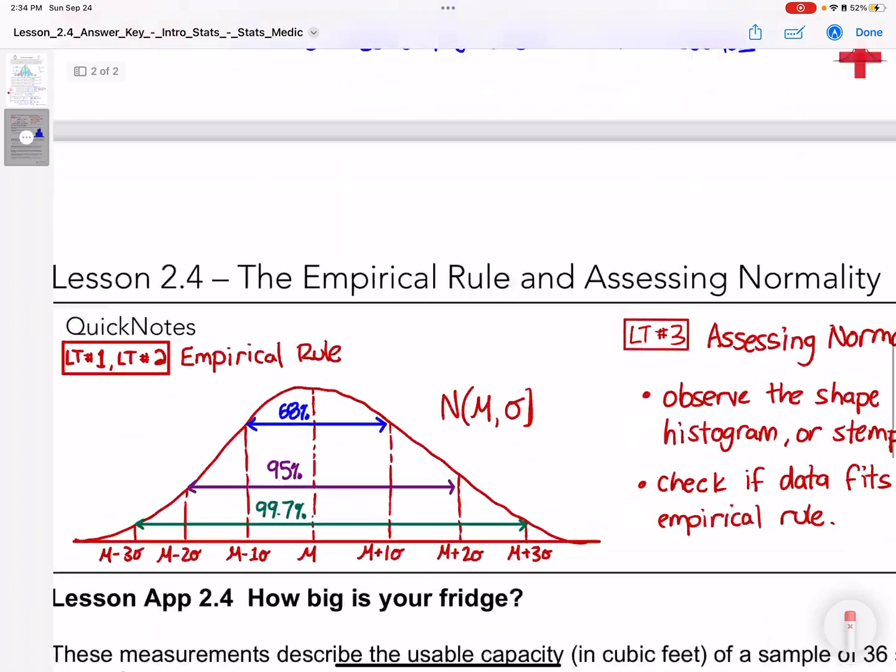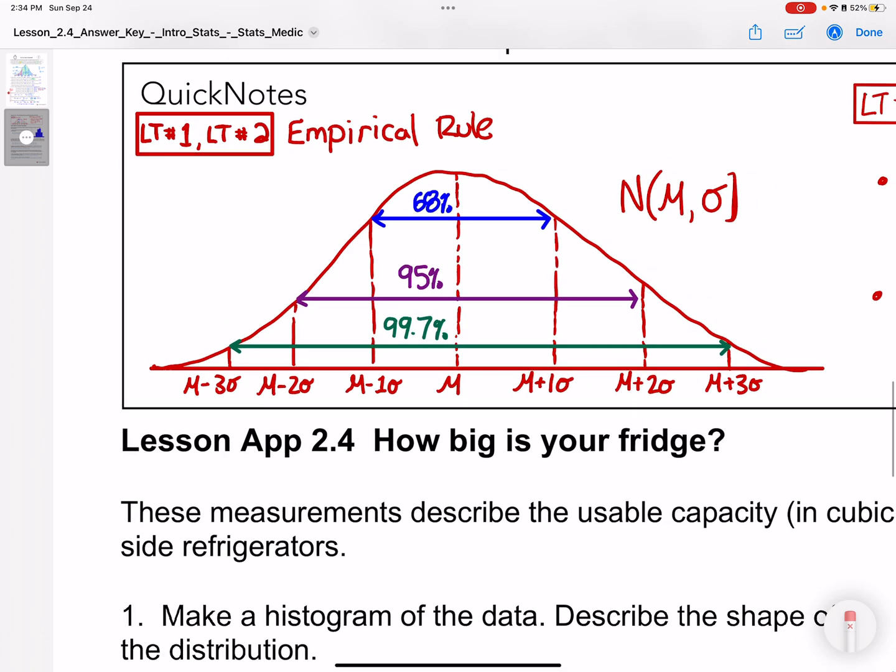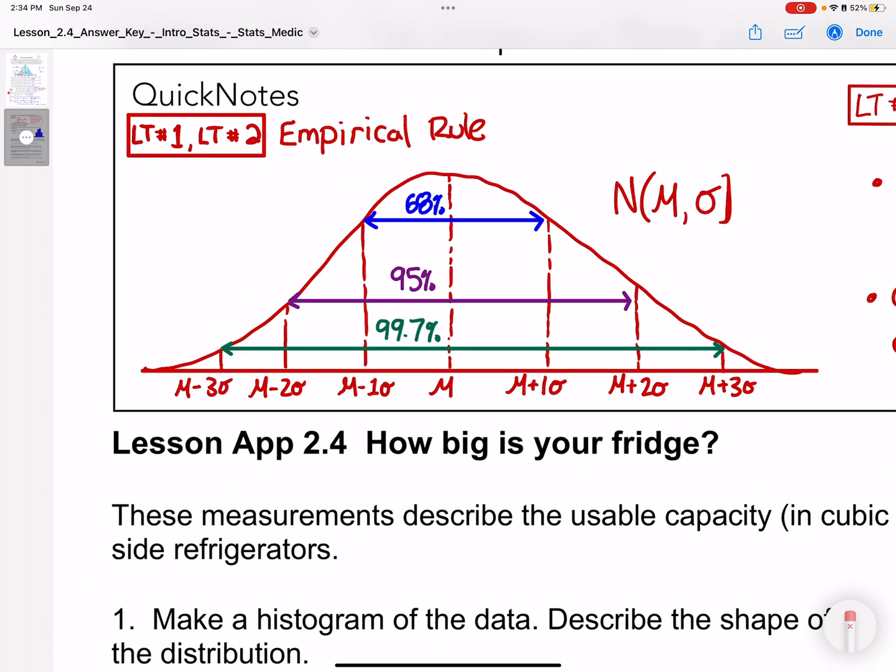All right, this is what I wanted you to learn today. First of all, the empirical rule, which is the 68, 95, 99.7 rule, says this: 68% of my data is within one standard deviation, 95% of my data is within two standard deviations, and 99.7% of my data is within 3 standard deviations of the mean if it's a normal model.